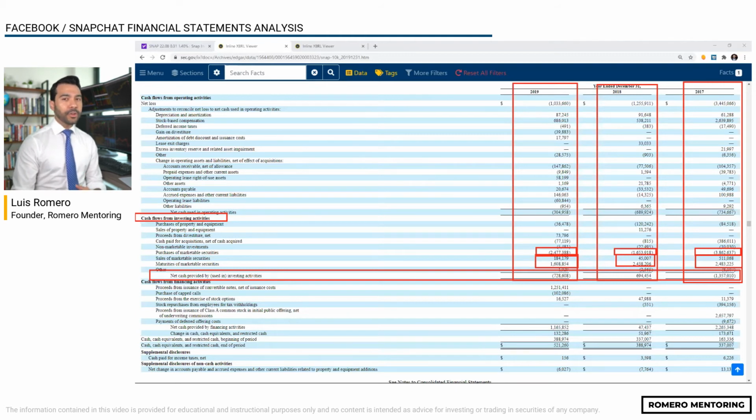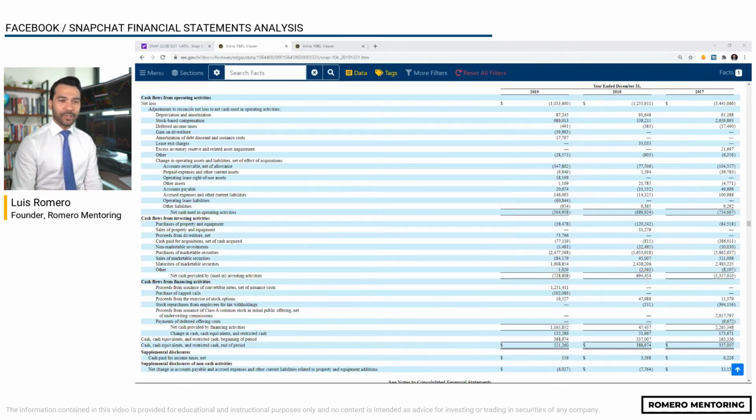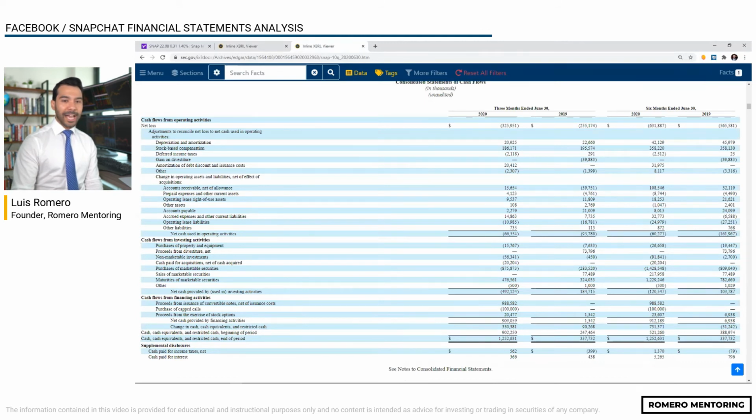The other thing you want to look at is, are they still doing the same thing year to date in 2020? Because these financials are for 2019, 2018, and 2017. Let's take a closer look at their most recent financial statement, which I have up here. Here's now the cash flow statement for the last 6 months of 2020.